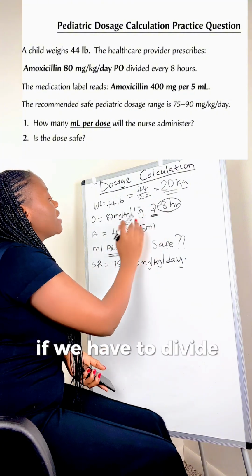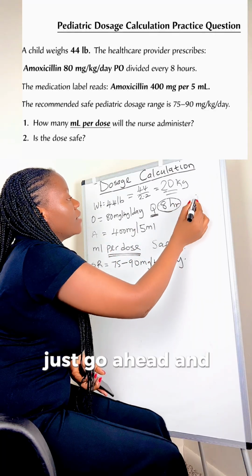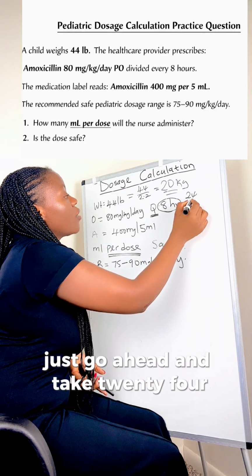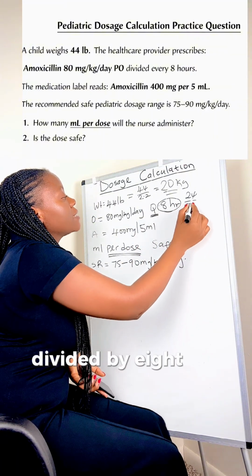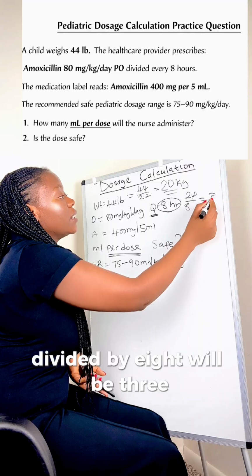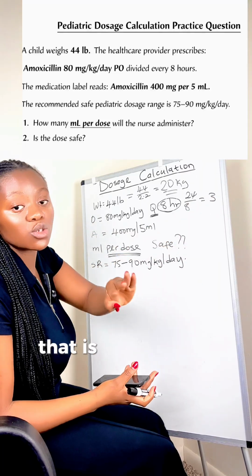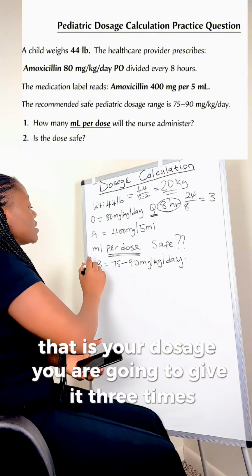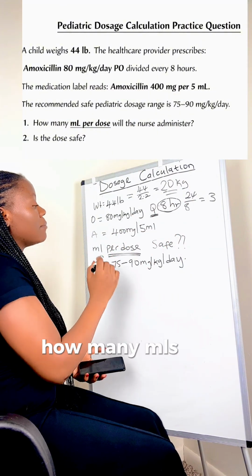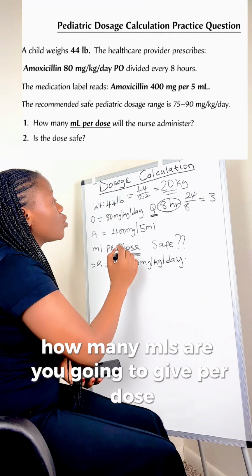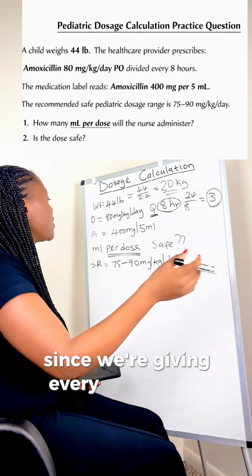If we have to divide this dosage every 8 hours, just take 24 divided by 8, which is 3, which means that for this medication you are going to give it 3 times. That is your dosage. We are doing this because the question asks how many mLs you are going to give per dose, which means our dosage here is going to be 3 times, since we're giving every 8 hours.